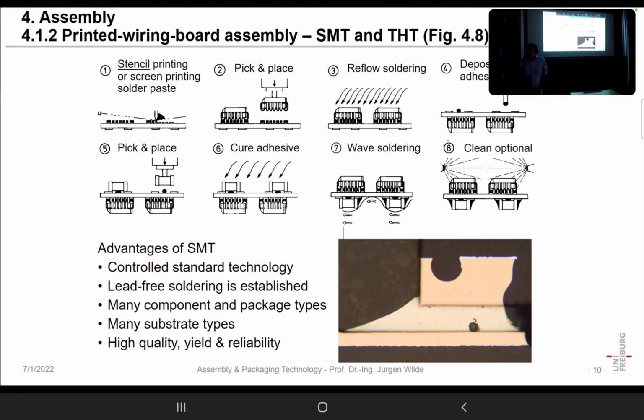You could say the solder wave is just licking along the surface of the board, and that is enough to have a wetting and to create solder joints, which are then consolidated during the cooling down.